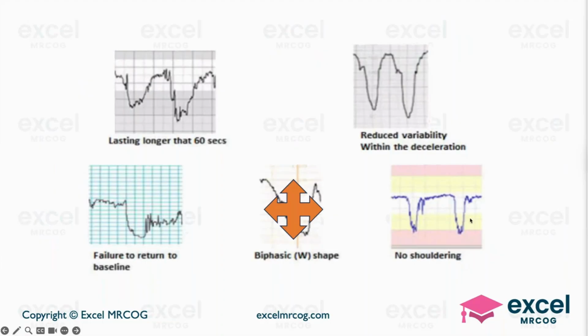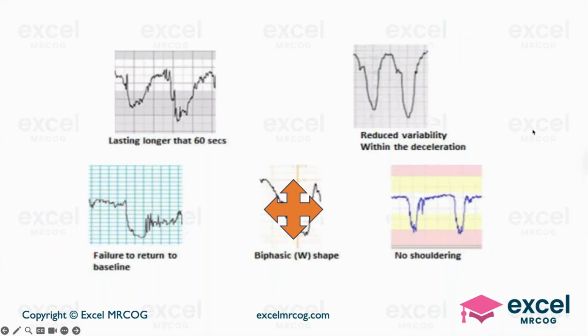And no shouldering. Does somebody know what shouldering is? Shouldering is when the deceleration comes, and as it is climbing, it goes up here like a shoulder, and then it comes to baseline. Shouldering is normal, absence of it is not. You can see here that overshoot is not happening, overcompensation is not happening. So that is these 4.